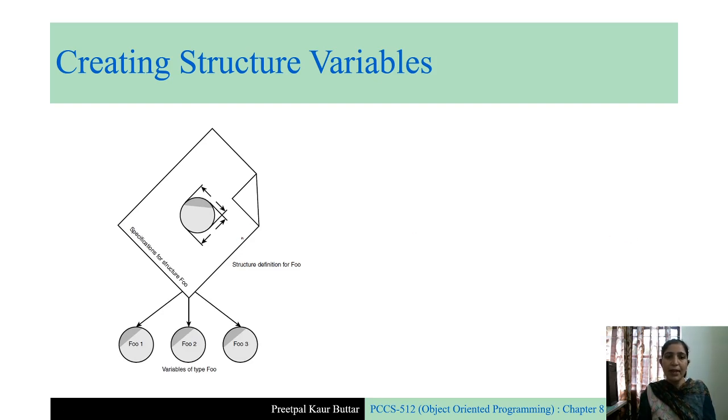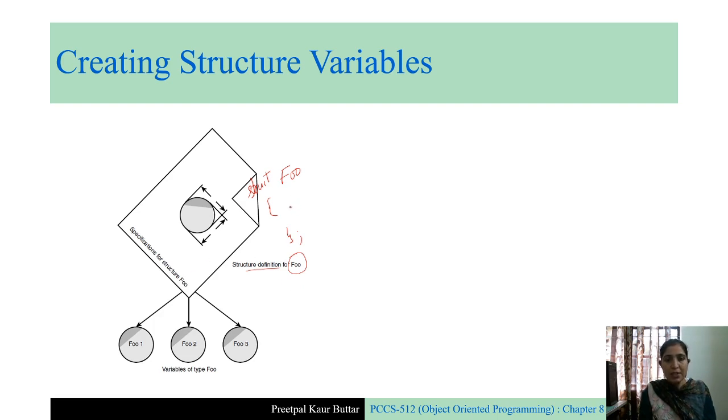You can create as many structure variables of the same struct as you want. For example, here we have the structure definition for a hypothetical struct whose name is foo. We have defined a structure of this name.